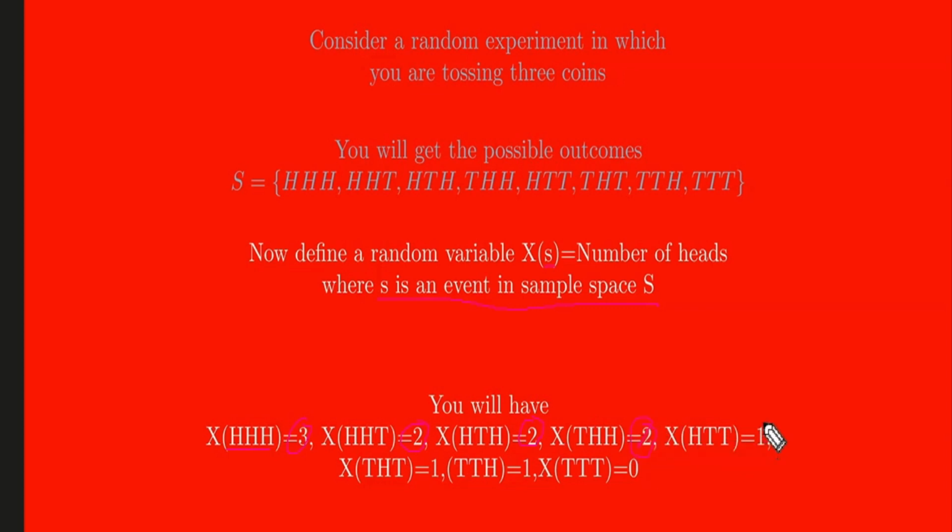Here number of heads 1, here 1, here 1, and here the number of heads is 0. Because I have defined the random variable as the number of heads, that's why I am writing this. You can also define a random variable as the number of tails. So first of all you have to define a random variable, and I have defined it as the number of heads.